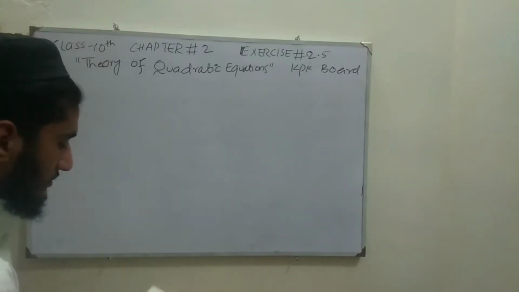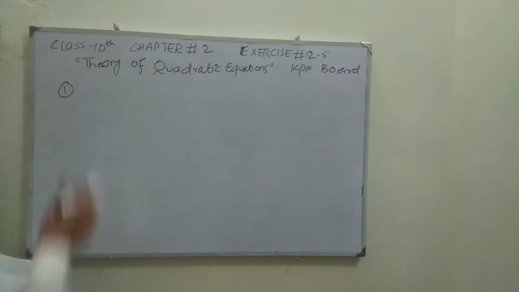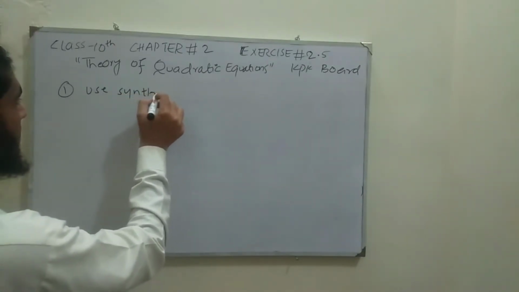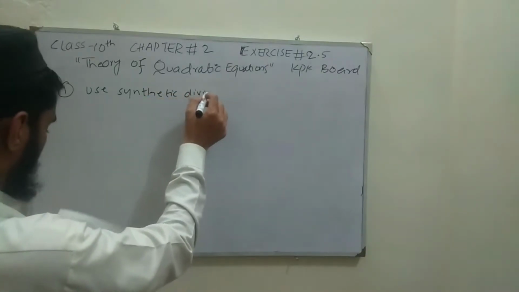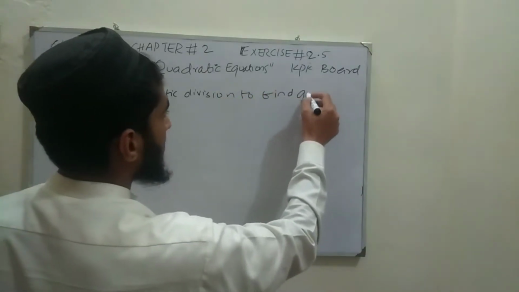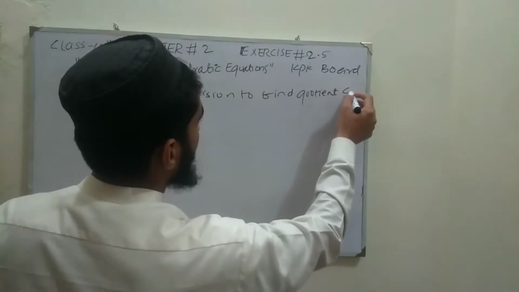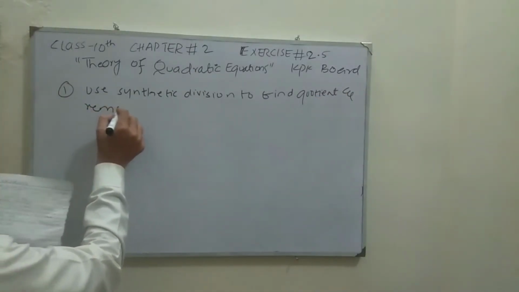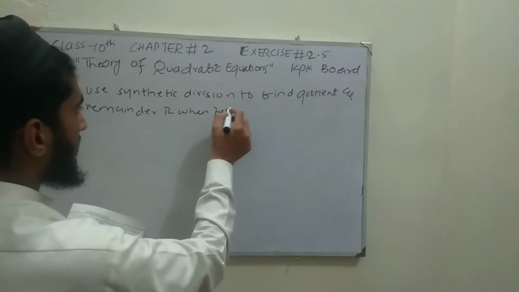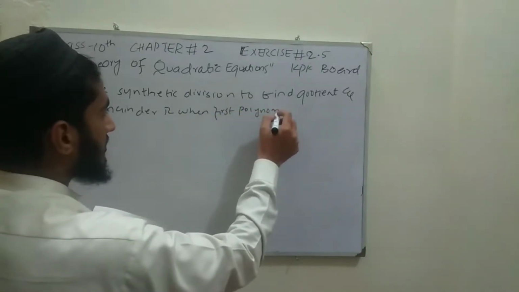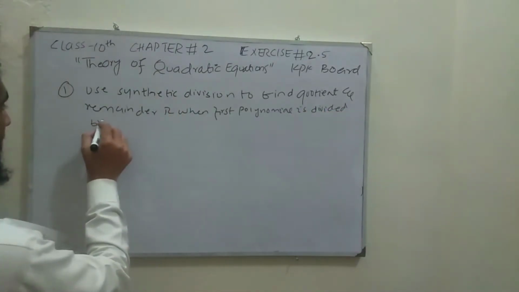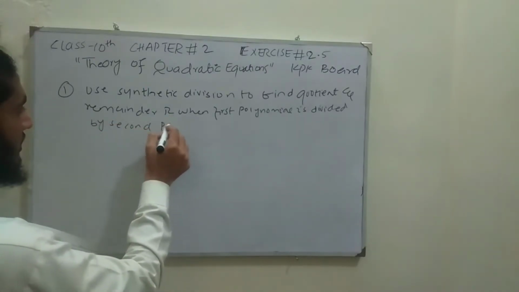First question is: use synthetic division to find the quotient and remainder when the first polynomial is divided by the second polynomial.